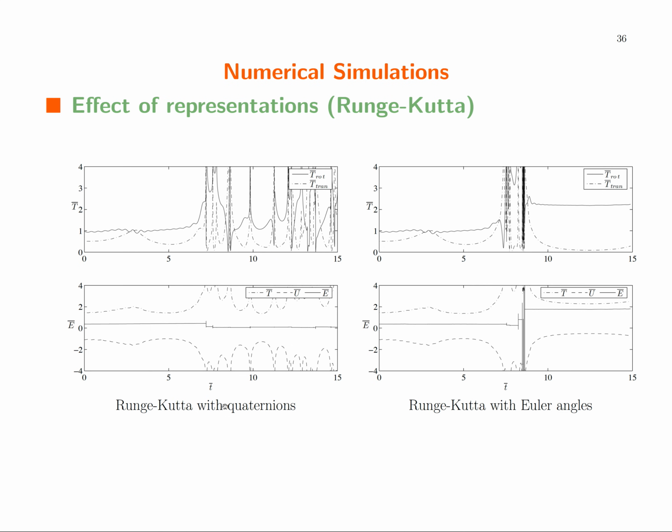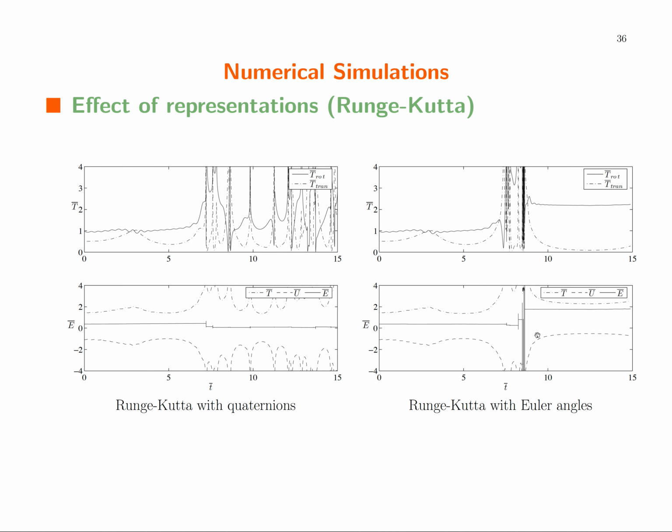This slide is meant to give you a sense of what happens depending on your representation of the rigid body dynamics, be it in terms of unit quaternions, which the engineers favor, or with Euler angles. If you look at the total energy error, in the representation using quaternions there are slight kicks, so the energy is not constant, but it certainly does a much better job than what you see with Euler angles, where there are very substantial deviations in the total energy.